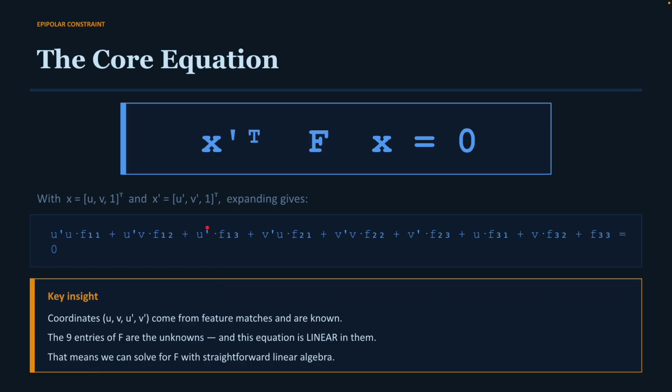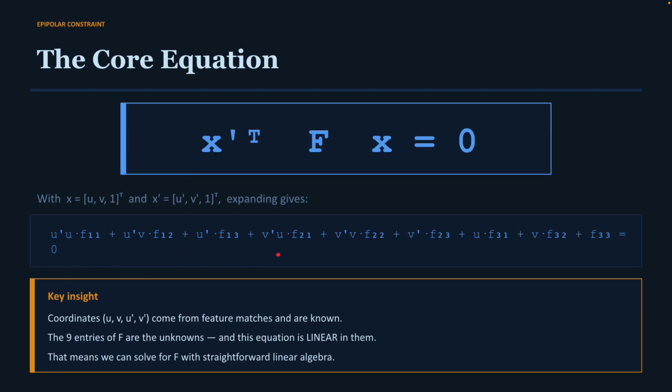So let's expand the epipolar constraint. We write our points in homogeneous coordinates. x is u, v, and 1, and x prime is u prime, v prime, 1. When you multiply out x prime transpose F x equal to 0, you get this long equation. The key insight here is that the coordinates u, v, u prime, v prime are all known.